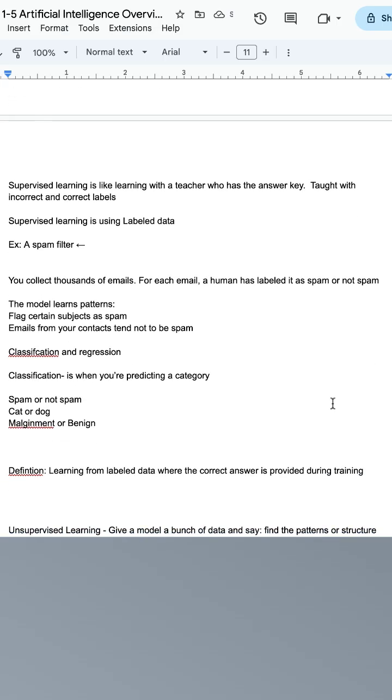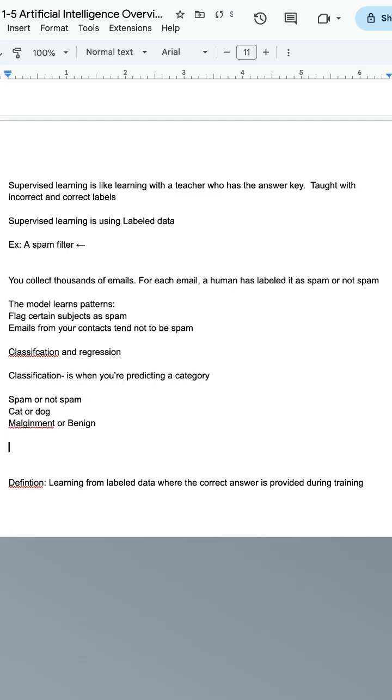Regression is when you're predicting a number. So the key difference between the two types of supervised learning is that classification predicts a category: spam or not spam, cat or dog, malignant or benign. Regression is when you're predicting a number.